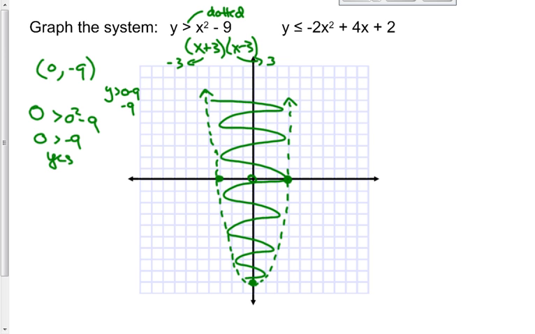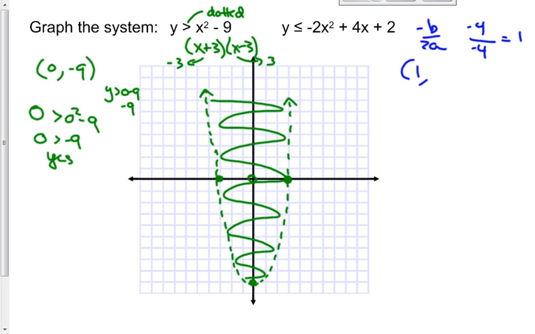My second equation, I'll use a different color. My second equation, less than or equal to negative 2x squared plus 4x plus 2. If we try our vertex, negative b over 2a, I've got negative 4 over 2 times negative 2, which is negative 4 over negative 4. That's 1.